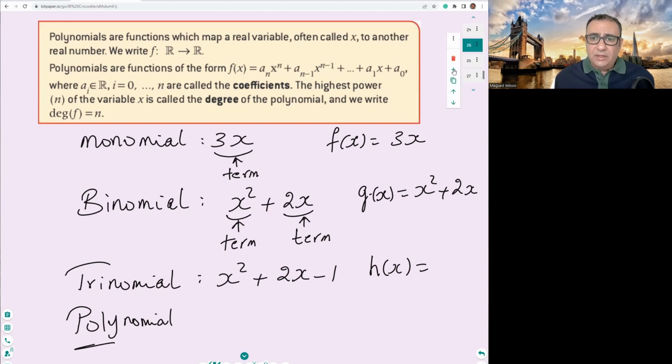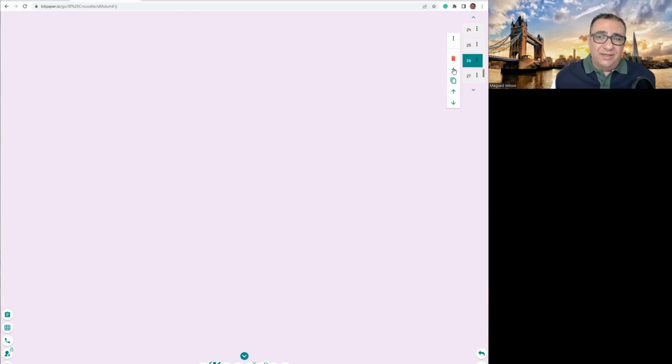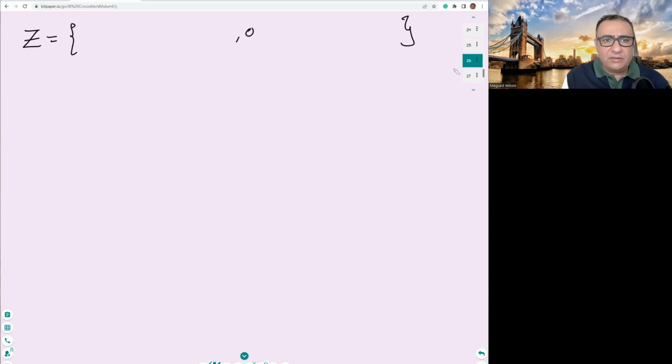Now let me review some basics about what I mean by non-negative integers. When you look at the set of integers, basically we call it Z, right? The set of integers has 0 in the middle, and then 1, 2, 3, up to positive infinity. On the other side, you have -1, -2, -3, down to negative infinity.